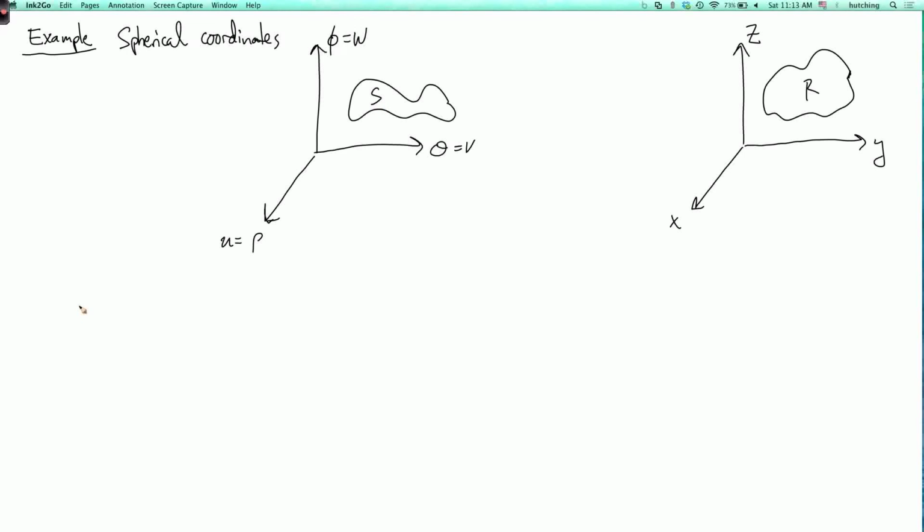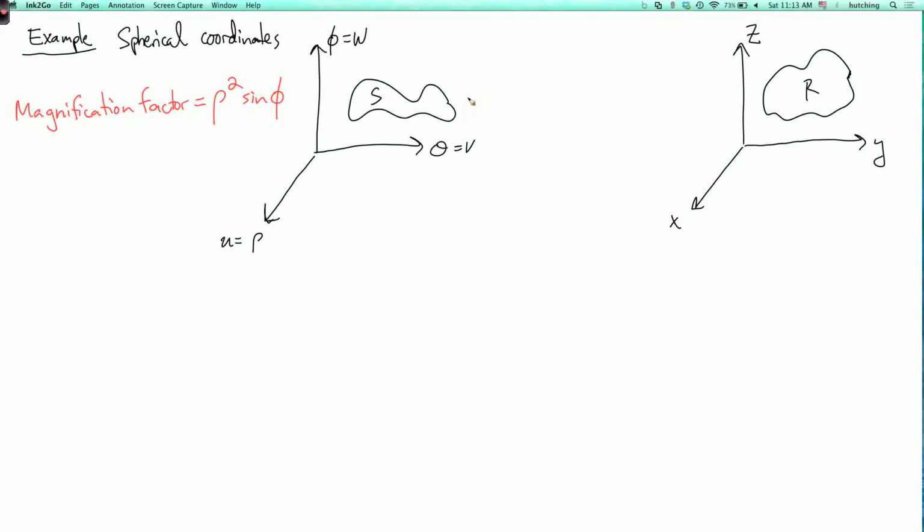I'm not going to worry about getting the shapes of this region exactly right. But let's compute the magnification factor. So we know from before that the magnification factor is supposed to be rho squared sine phi. So let's calculate the absolute value of the Jacobian and make sure that it works. So first we have to remember the formulas for the transformation.